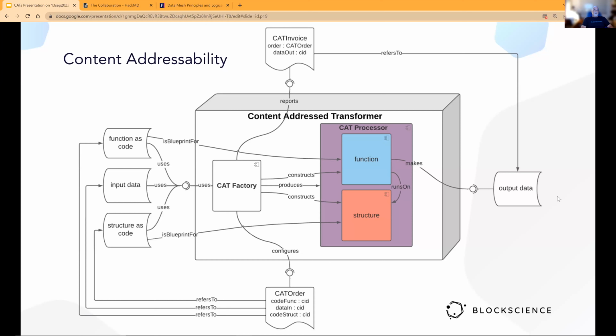A nice property of all of this is that it has provenance built in. As you put transformers together, the orders and the invoices keep track of where things came from, how things were created, and where things go.